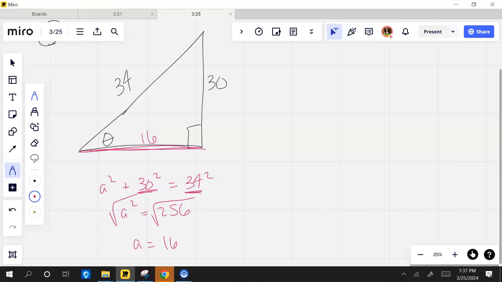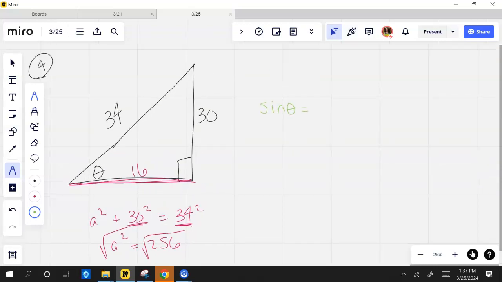All right, let's run through these trig functions. All I'm asking you to do on these is find that missing side and then write the ratio here, okay? All right, so sine is opposite over hypotenuse. Remember, you got to remember SOHCAHTOA.